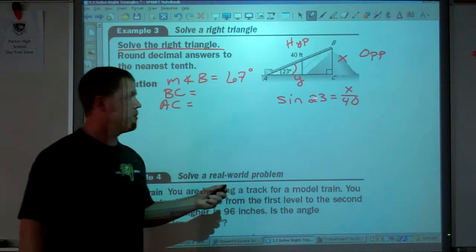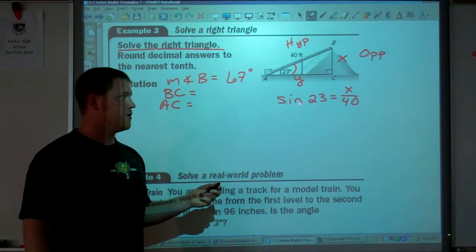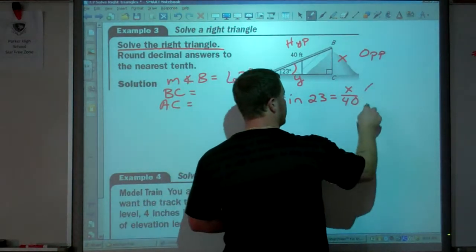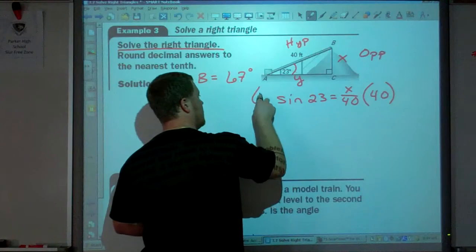So now, we know the angle measure, we're not using the inverse trig function. We are solving for X. So multiply by 40, multiply by 40.